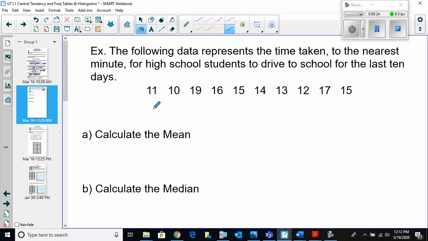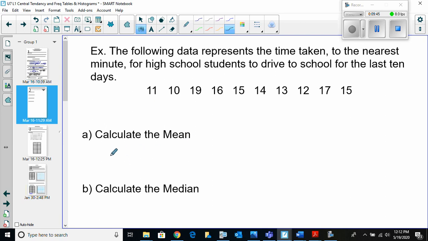Let's see now an example here. We have the following data that represent the time taken, to the nearest minute, for a high school student to drive to school for the last 10 days. So day 1, day 2, day 3, day 4, day 5, day 6, and so on, day 10. Now, calculate the mean.